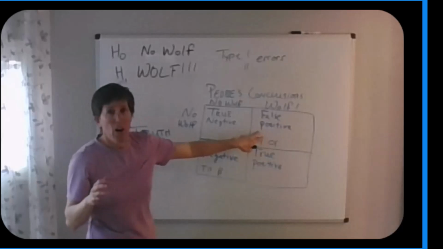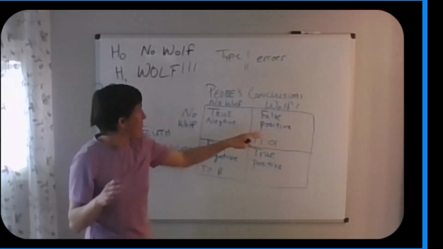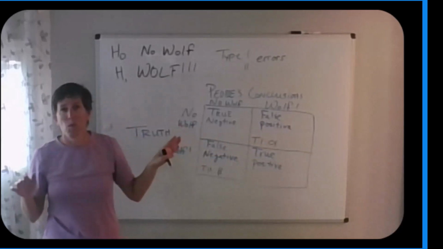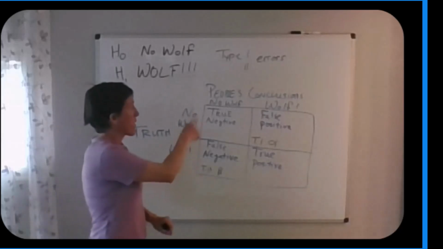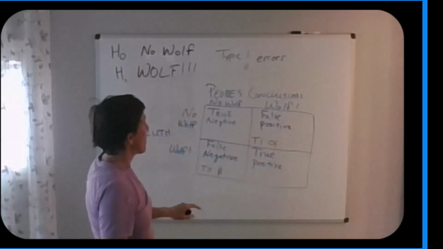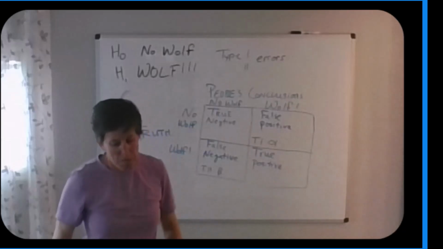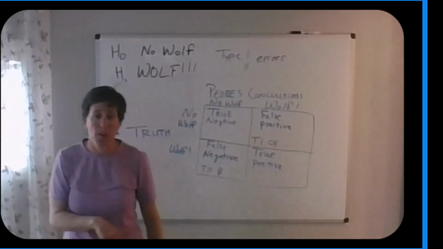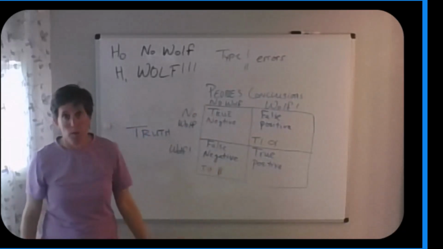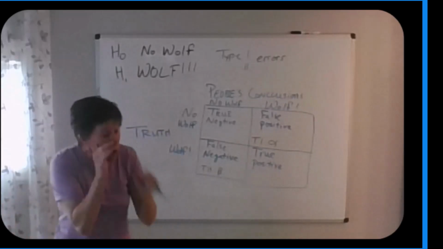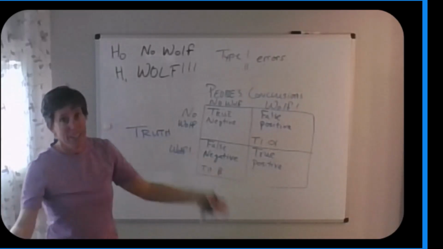Okay, the boy's crying out, wolf, but there is no wolf. With the type 2, the people have concluded, they're sipping their coffee, sitting on their porches, hey, there's no wolf. The boy cries out, wolf, wolf, wolf. There is a wolf. He gets eaten.